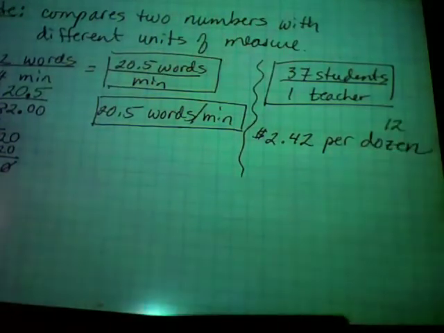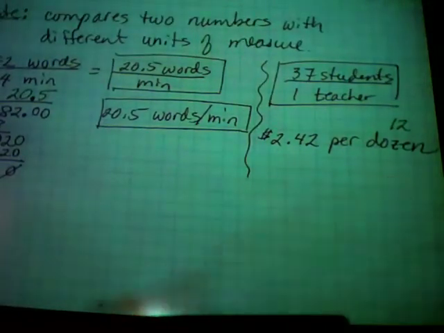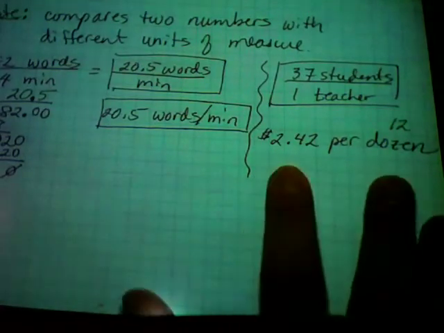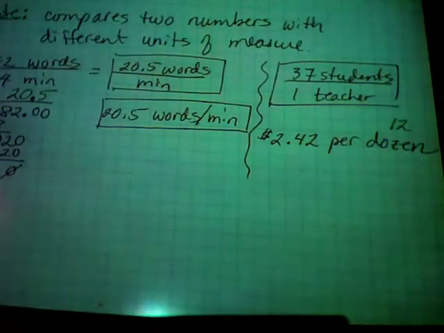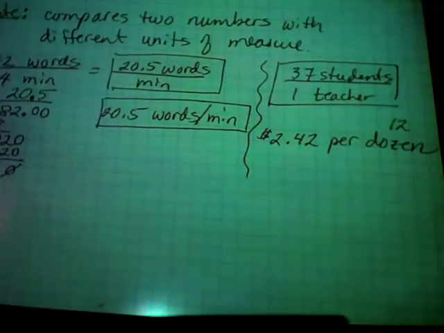Because you're at the grocery store, what if you only wanted 1 item, and you wanted to compare this price to another price? Maybe the other item doesn't sell in dozens, it sells per 5. Would you be able to compare a price that's per dozen to a price that's per 5? No. So in this case, although this is a fully reduced rate, if I wanted to compare that price to something else, I need to find out how much each is.